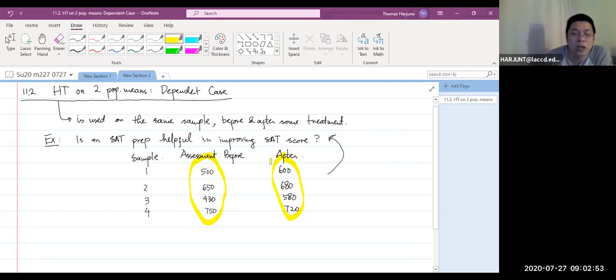Notice that we don't have the average from all students. We just have some people, but we were able to find their scores before and after the prep. So what happened then? We can couple it.